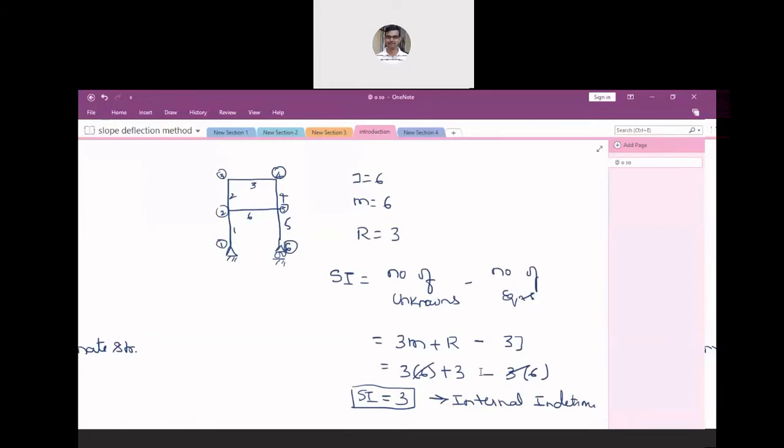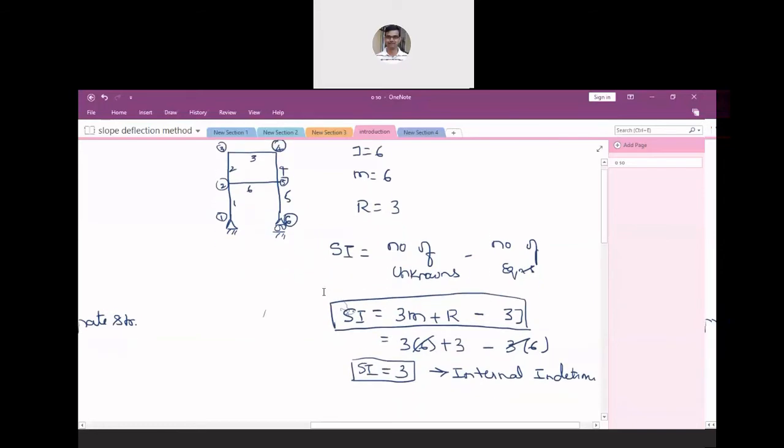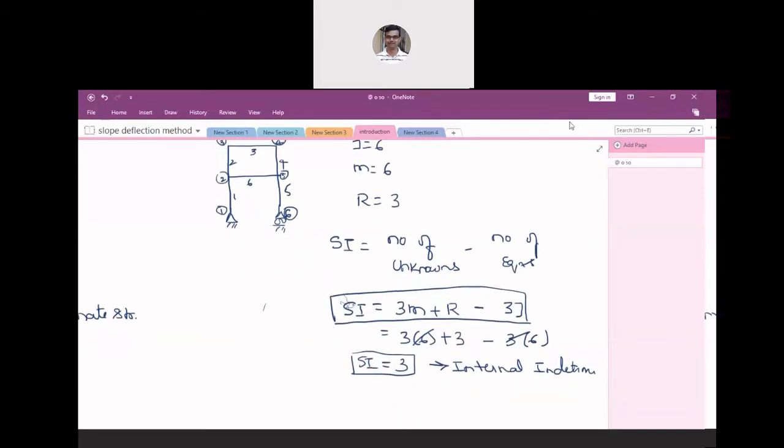But since we have internal indeterminacy, we are unable to calculate the external reactions as well. So we can use this generalized equation of static degree of indeterminacy equal to 3m plus r minus 3j in order to calculate the static degree of indeterminacy for rigid jointed frames, which can be easily calculated.